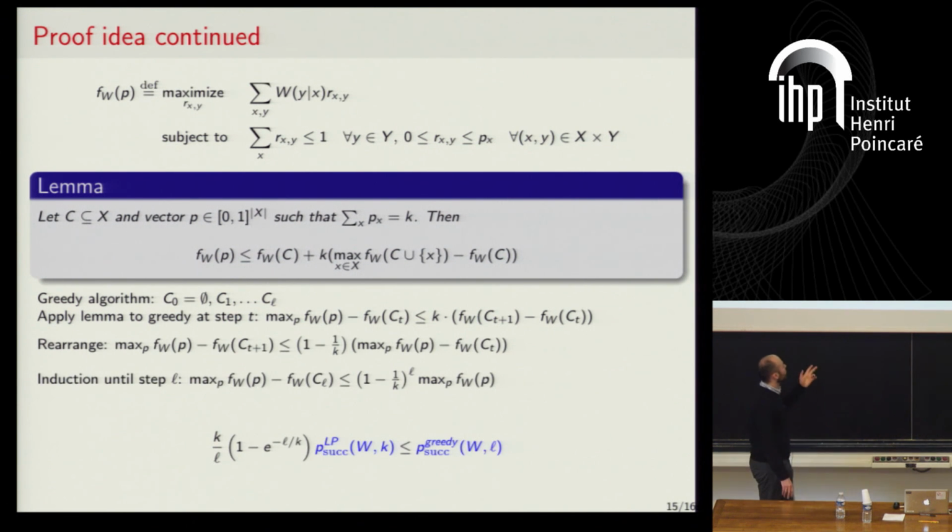Rearranging the terms, you get 1 minus 1 over k, and applying this inductively, for every t, you get 1 minus 1 over k to the power L for the Lth step. The maximum over p of fw of p is the value of the LP, so you have it on both sides here, and you can relate it to the greedy algorithm. Simple proof.